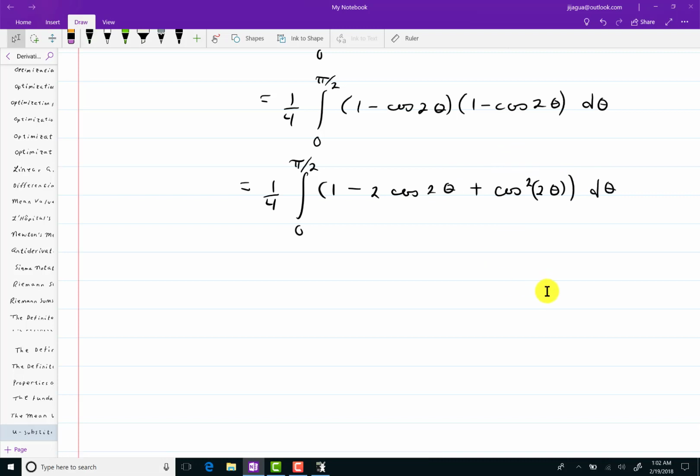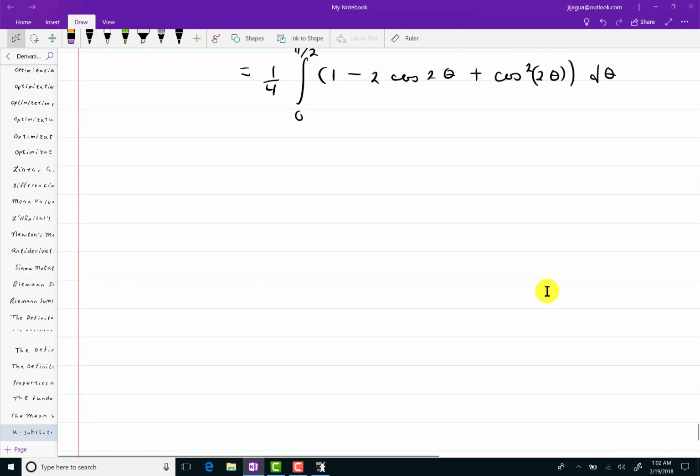d theta. Now, if that wasn't enough to terrify you, I'm going to use the trig identity on this cosine squared of 2 theta.